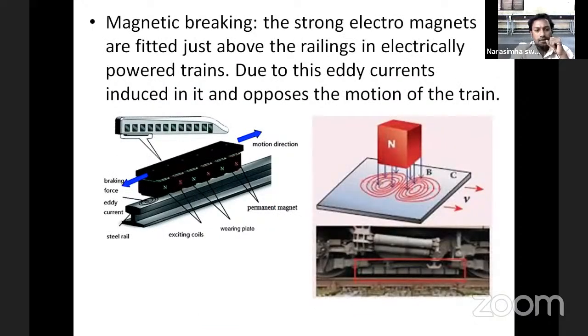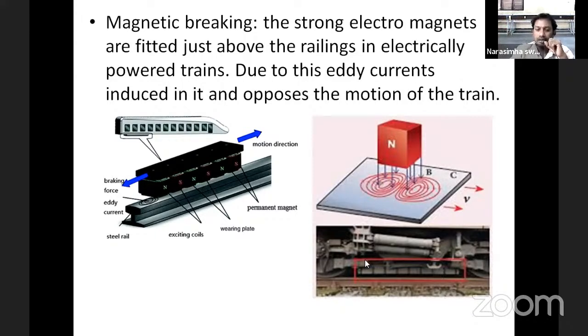Here is one more application, that is magnetic braking. You might have heard about this in electric trains, a magnetic braking system. This is due to the eddy currents concept. In magnetic braking, strong electromagnets are fitted just above the rails in electrically powered trains, so eddy currents are induced in the rails and oppose the motion of the train.